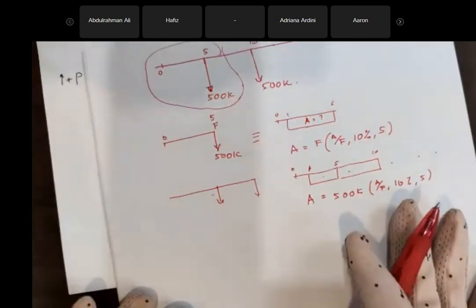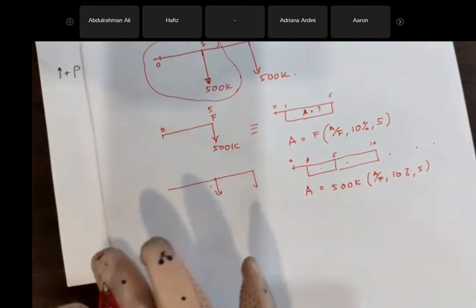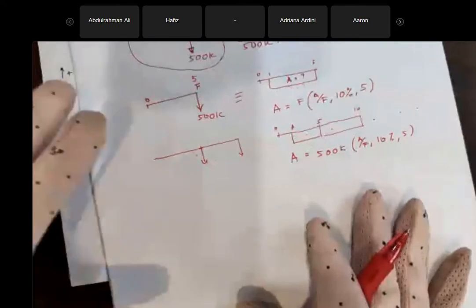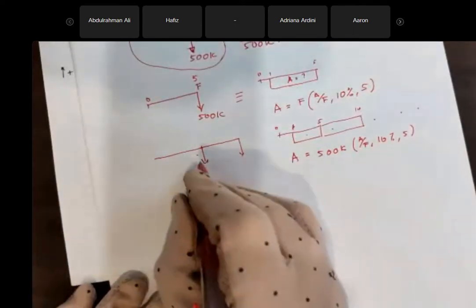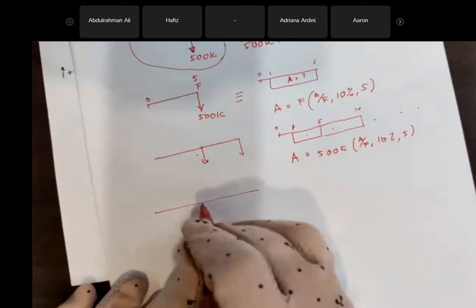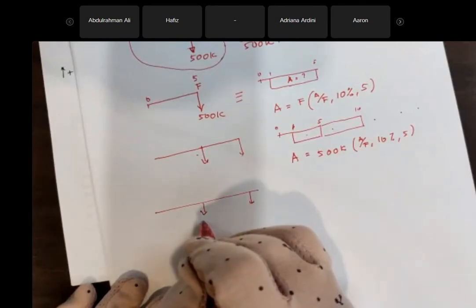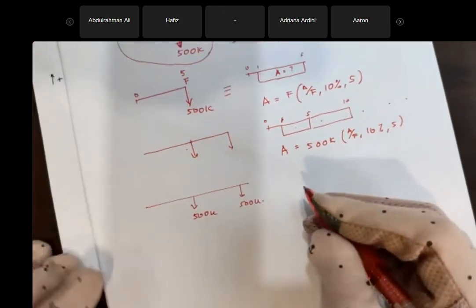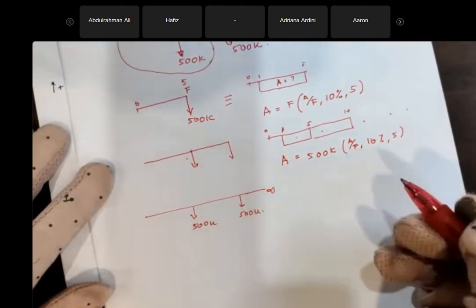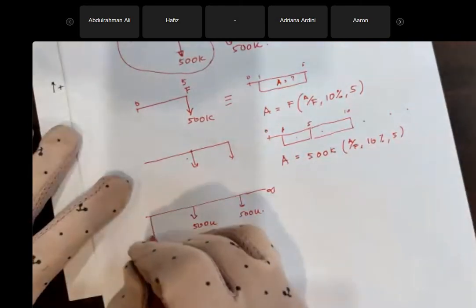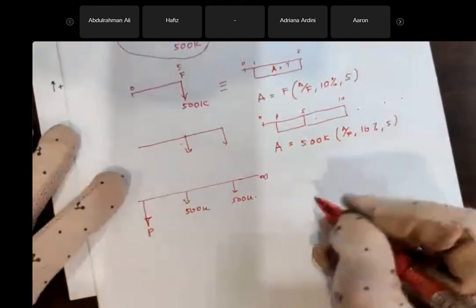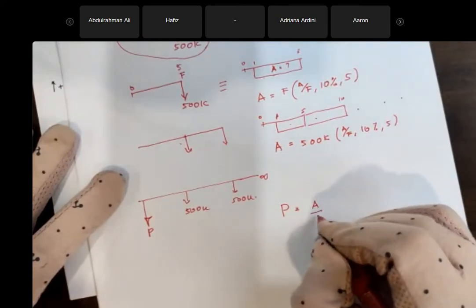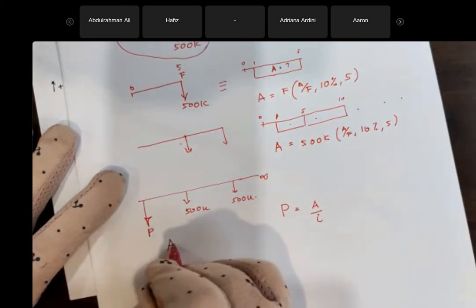Okay. Now, when you show it overall, you have the overall 500k. Now you know that it is until infinity. Now you want to convert to P. So how to convert? You know that P is equal to A per I, from the formula A equal to PI.